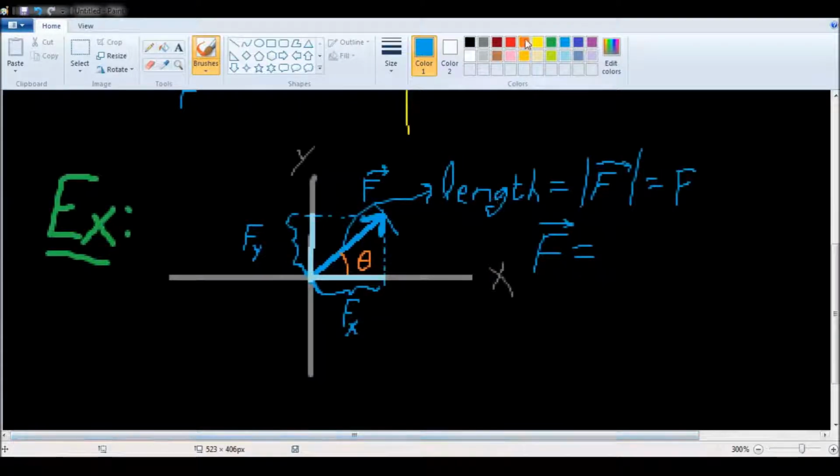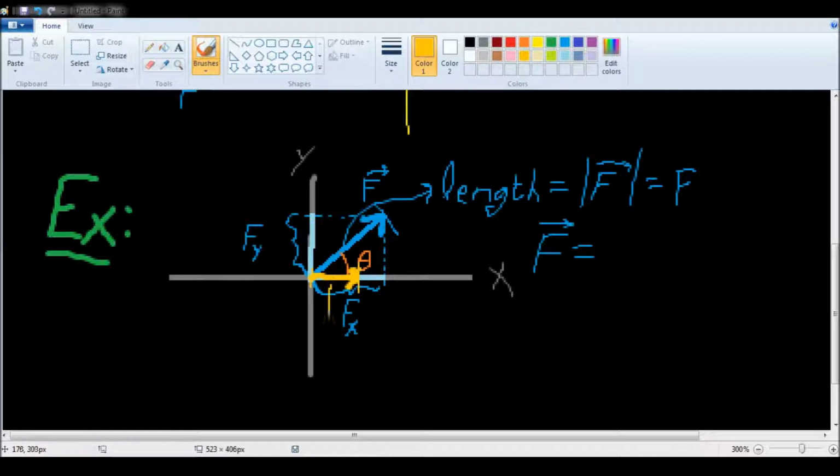And the unit vector, as I'll draw on here, is a vector that sits along the x or the y-axis that has a magnitude, or a length of exactly 1.